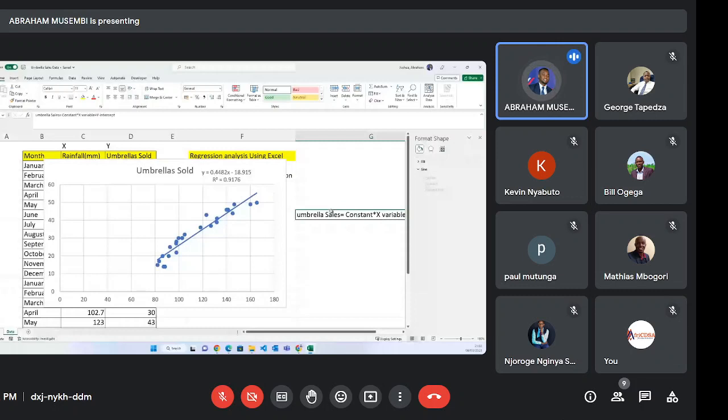Then we have our y-intercept. You can see, as we had projected, it will be a negative value. So now we have the negative value.